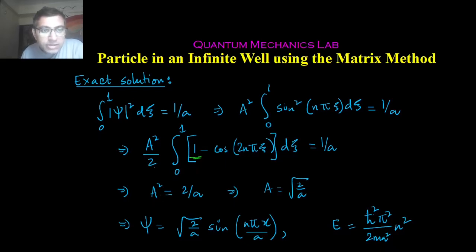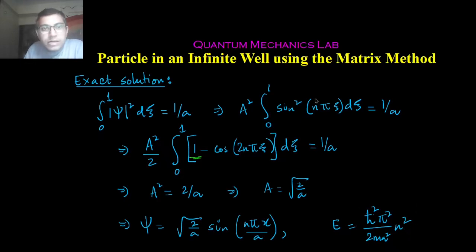So a squared by 2 must be equal to 1 by a, which means that a is square root of 2 by a. So our wave function in this picture becomes square root of 2 by a times sine of n pi x by a, and the energy is just this thing, which is proportional to n squared. The proportionality constant is also written here.